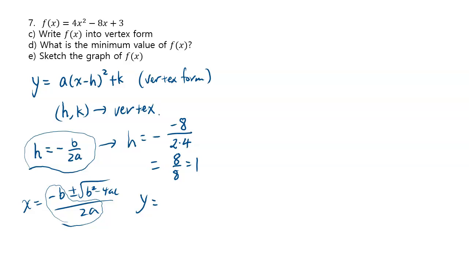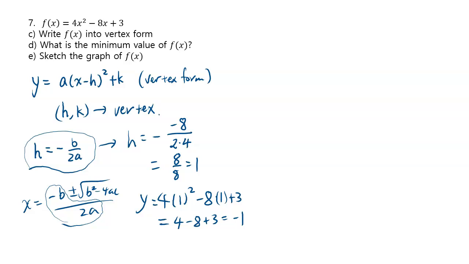So 1 gets plugged into x here, so you get 4 times 1 squared minus 8 times 1 plus 3. It's a good idea to put parentheses when you plug in. Then you get 4 minus 8 plus 3, which is negative 1.